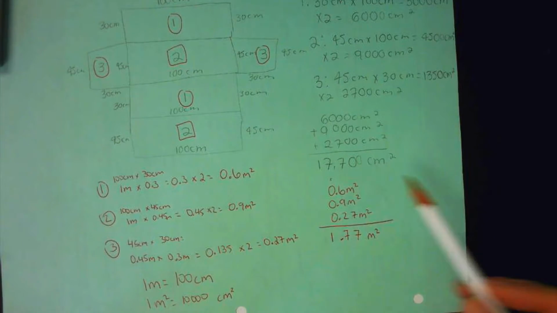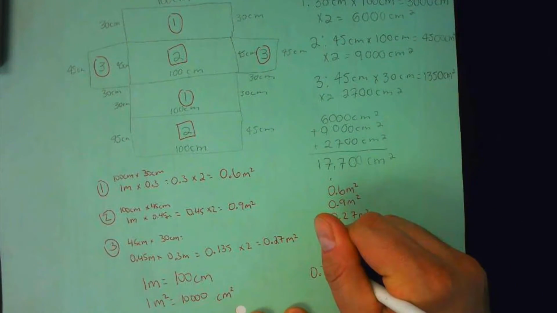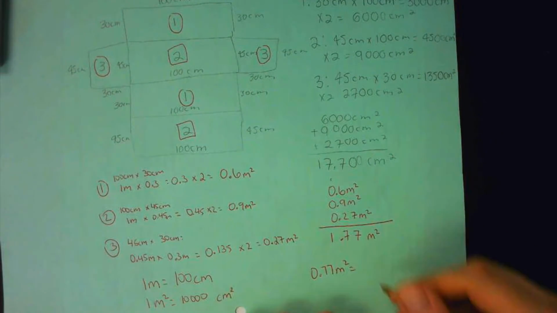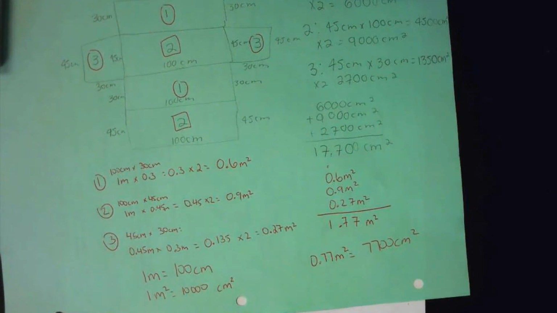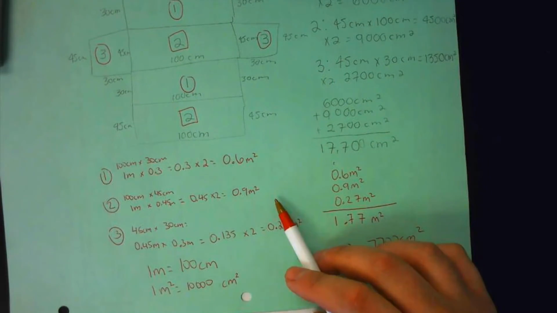So basically, 1.77 meters squared is equal to 17,700 centimeters squared. So now this is a little tricky because you know that 1 meter is 100 centimeters. But 1 meter squared is 10,000 centimeters squared.